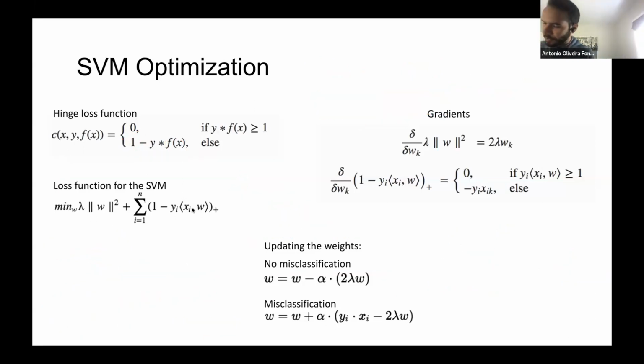So, how the hinge loss function works: I have two components, f of x and y, and the output is going to be 1 minus f of x times y.